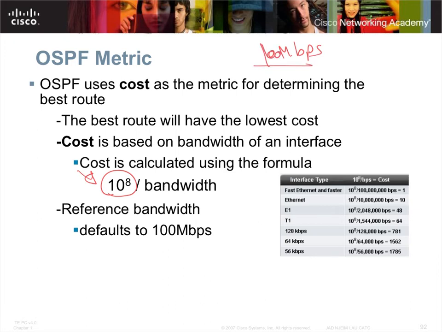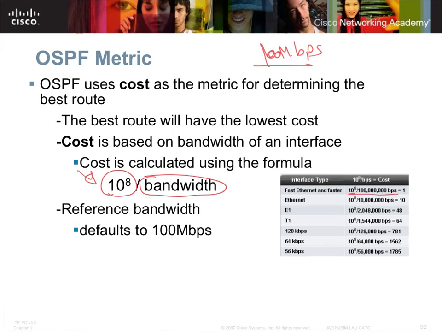This is the reference bandwidth, okay? And the theoretical bandwidth of the link will be the denominator. So the cost of any link will be the ratio between the reference bandwidth and the bandwidth of the link.